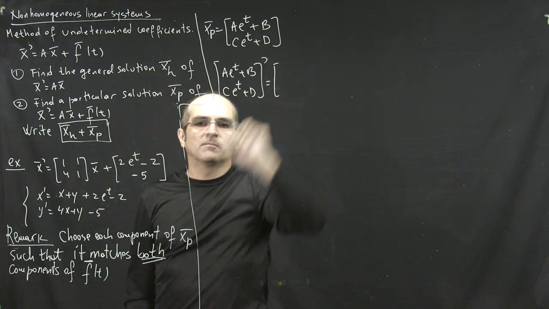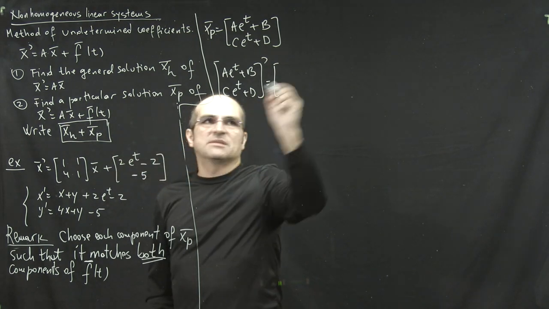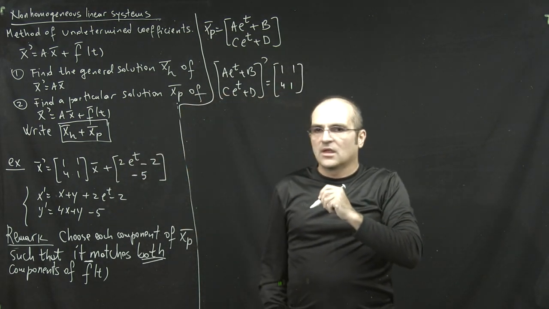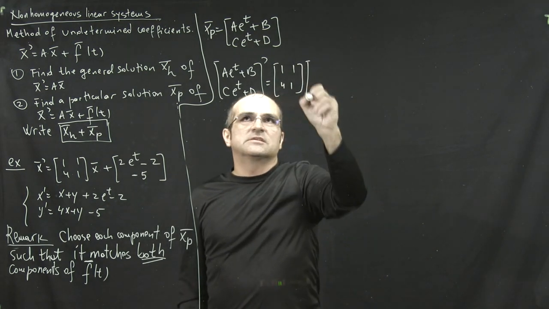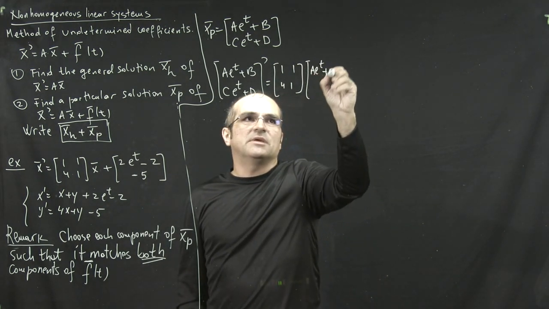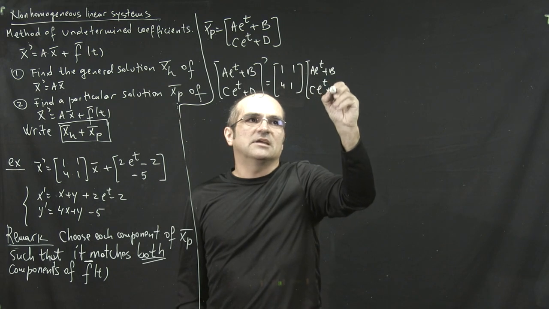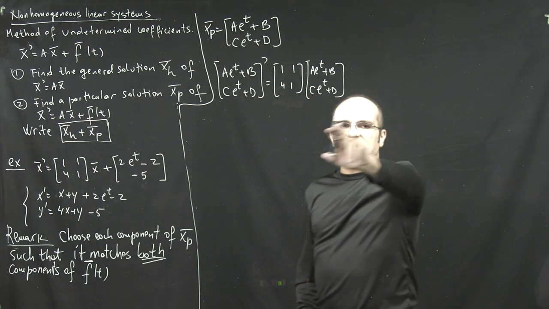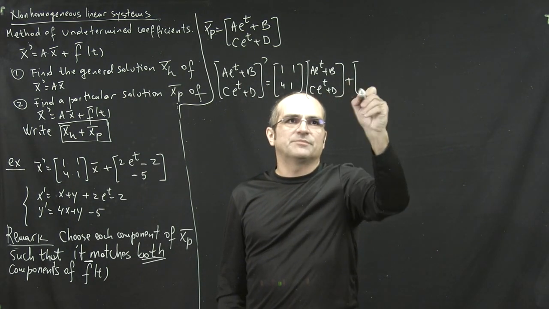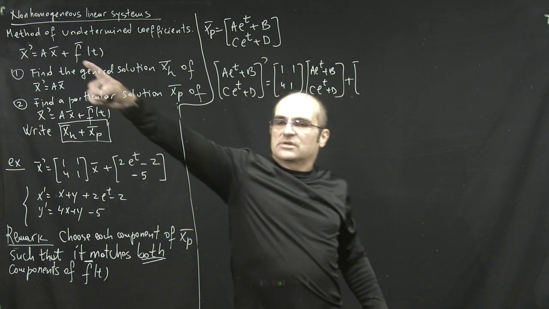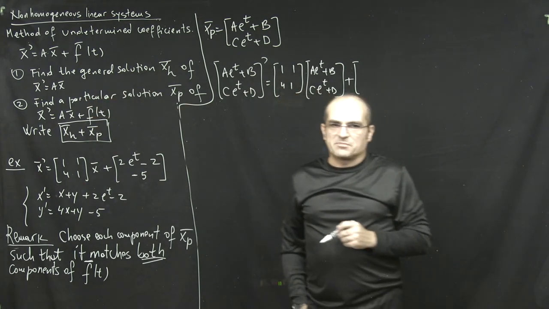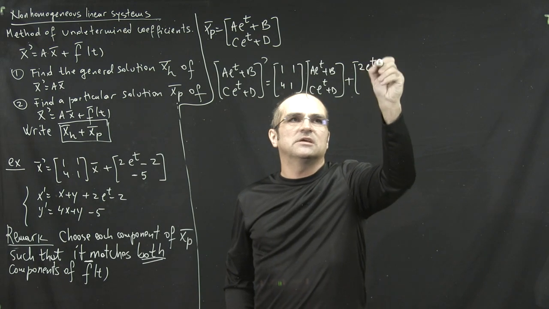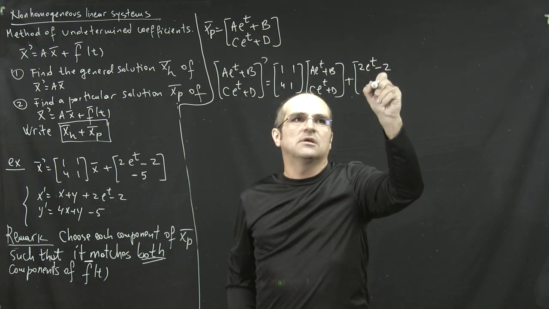And on the right hand side, of course, the matrix of the system, 1, 1, 4, 1, and x bar, which is a e to the t plus b, c e to the t plus d. I didn't actually provide the homogeneous part of the solution yet. I'll do that later. Let's just focus on finding the particular solution, because normally, remember, that's your starting point, right? The homogeneous part. Okay, so plus the non-homogeneous term, which is 2e to the t minus 2, minus 5.